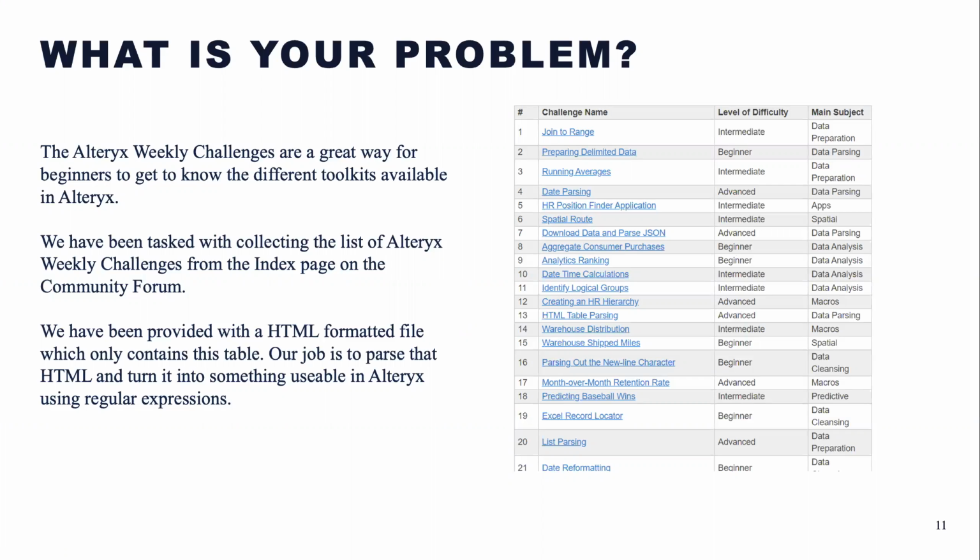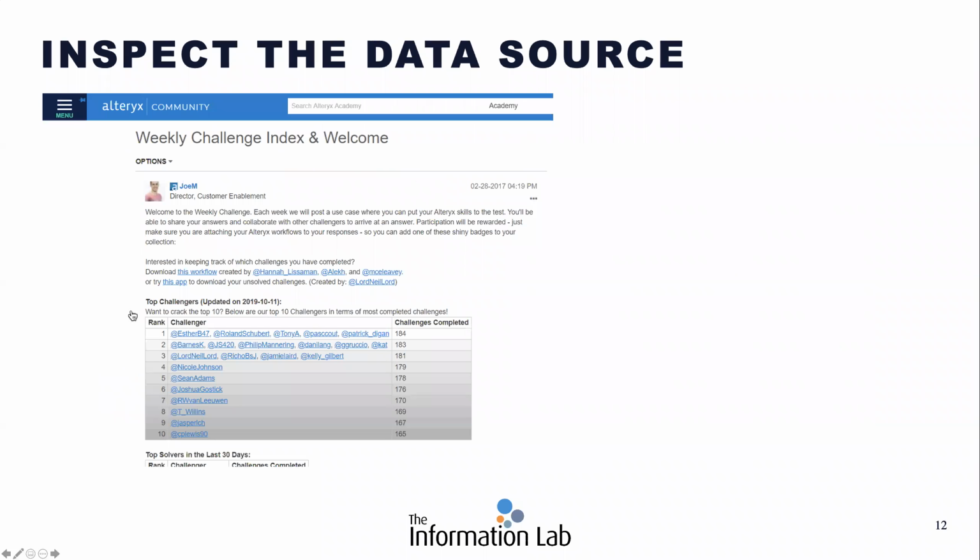So in fact, we have received the HTML file which contains this table. And then what we want to do is to parse that HTML and turn it into something usable in Alteryx with a regular expression. So the data source is this.